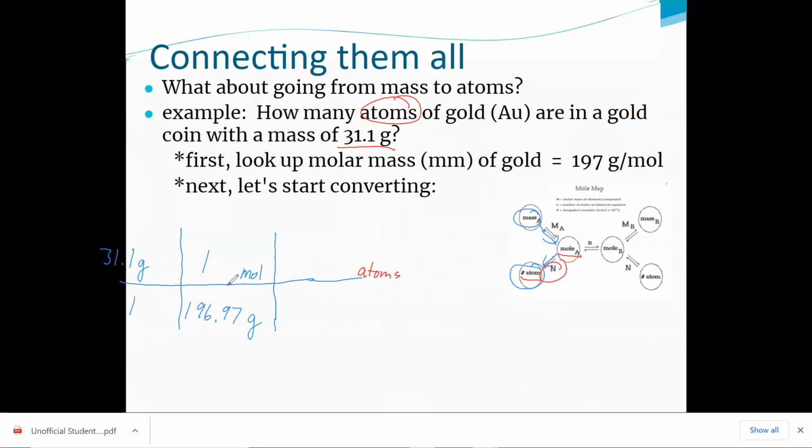We are in moles due to the conversion we just did, so moles needs to go there. Our conversion factor says that for every 1 mole, there are 6.022 times 10 to the 23rd atoms present. To solve this, we multiply everything together on the top, multiply everything together on the bottom straight across, and then divide and solve.